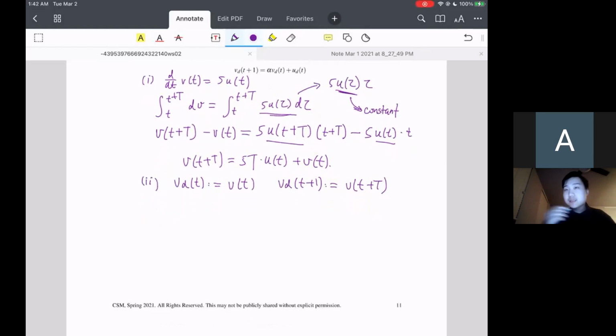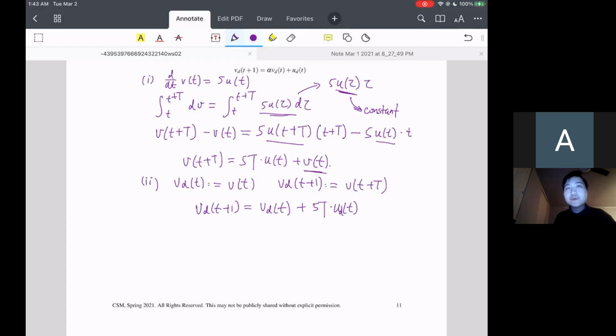So after we made these substitutions, we would then have Vd(t+1) being equal to Vd(t) plus 5T times U(t).